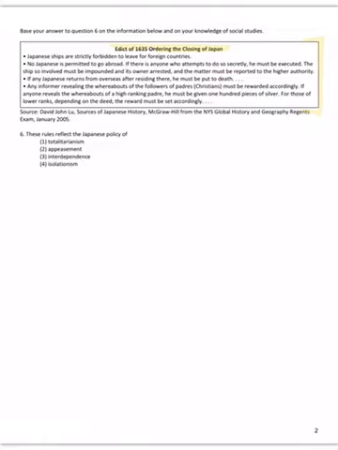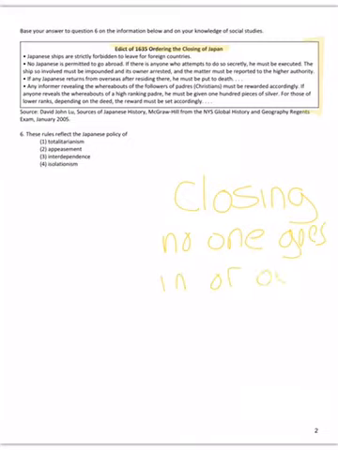So I'm going to write down some important words here since I have space. Closing. So if something's closed, no one goes in. No one goes in or out. If a store is closed, no one can go in and probably no one could come out. So same thing with a country.